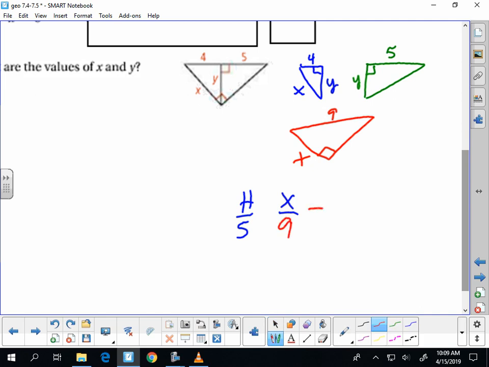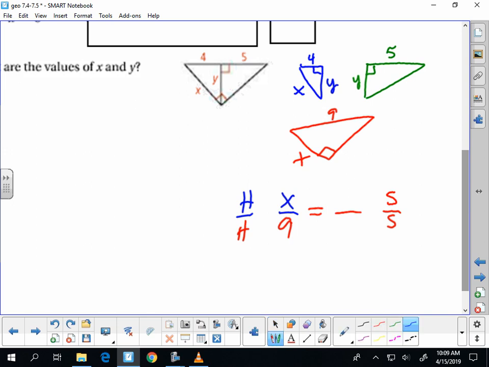I have to go back to the small triangle. I started with the hypotenuse. I'm going to now go to the short side. Excuse me, it should be short over short, right? Hypotenuse over hypotenuse equals short over short, sorry. We did hypotenuse of the small over hypotenuse of the big equals short of the small over short of the big.